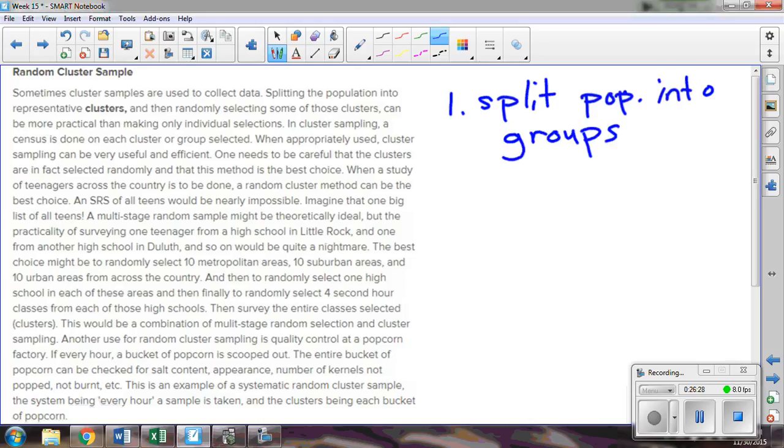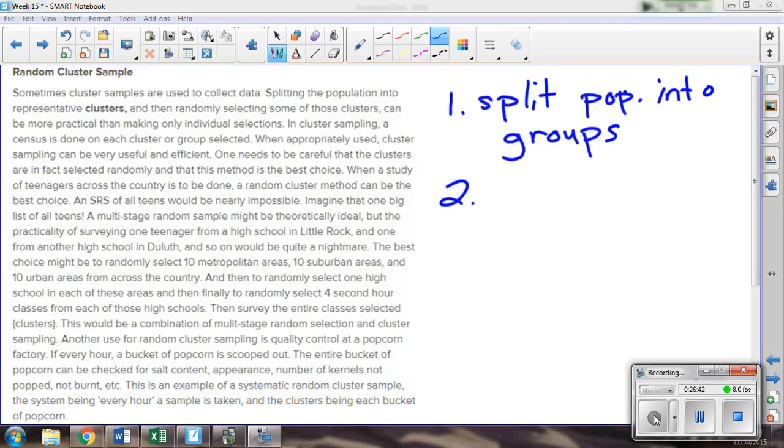In both stratified and random cluster, after you split them into groups, you will do a simple random sample to pick what group you're going to look at, or groups.